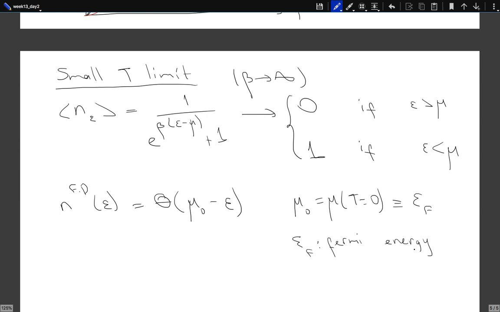You see, in the case of the bosons, the chemical potential was always negative. In the case of the fermion, the chemical potential at 0 temperature has to be positive. It kind of makes sense if you think about it: you have this gas of fermions, you start adding fermions one by one. The first fermion that you add, in the 0 temperature limit, the system will go to its ground state. Let's just ignore the degeneracy for the time being.